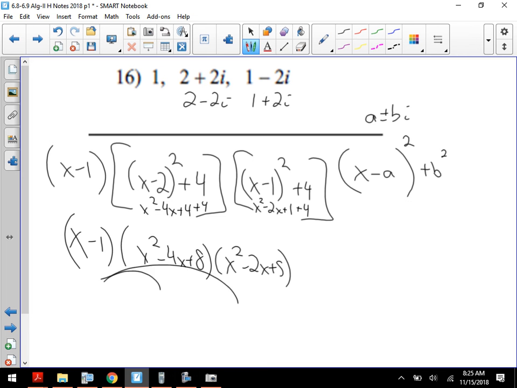What I might do, and it might be a little bit cleaner, is put those two together because that's going to take the longest. And then distribute the x to all of them, and then distribute the negative 1 to all of them. It's just going to be a really long, nasty looking ugly thing. I think we're down. I'm whittling it down in my brain right now. We're down to about like 462 right now. So, yes.